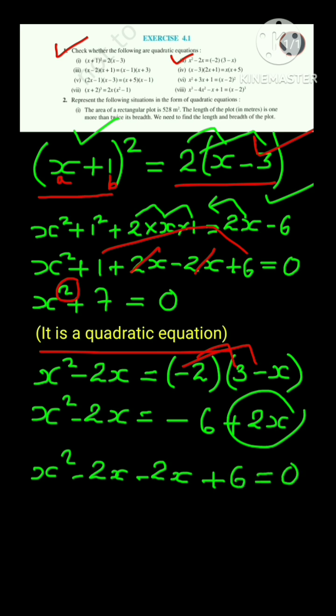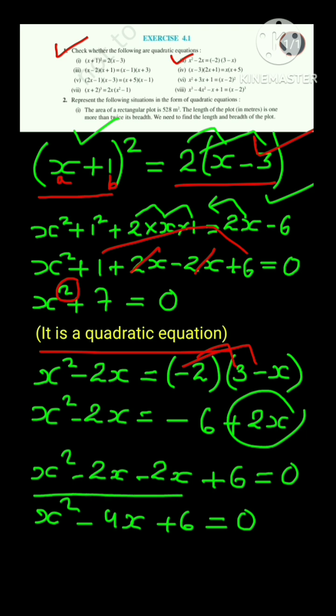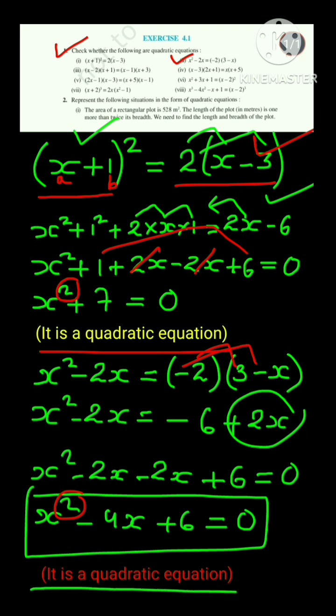Now x square and this minus 2x and minus 2x after adding we obtain minus 4x and this plus 6 equal to 0. Now here we can see the highest power of this equation is 2. It means it has degree of 2. So we can write it is a quadratic equation.